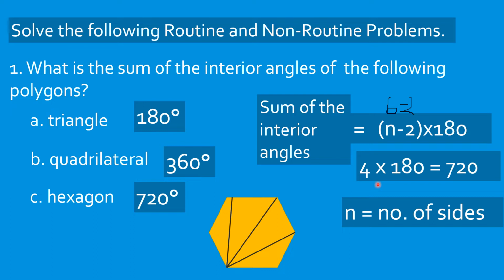Then 4 times 180 because the sum of the interior angles of a triangle is equal to 180. So that's why 4 times 180 is equal to 720. So that's how you're going to find the sum of the interior angles of the polygons.